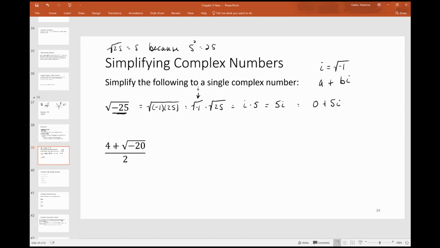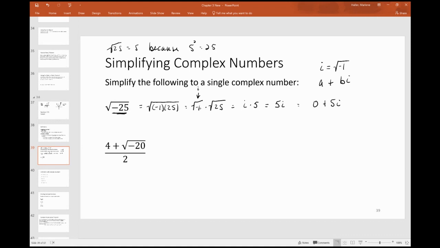What if I needed to simplify 4 plus the square root of -20, divided by 2? Well, I go through the same process. You might even think about a shortcut here. I can see this is always going to happen if I've got the square root or the fourth root or any even root of a negative radicand.